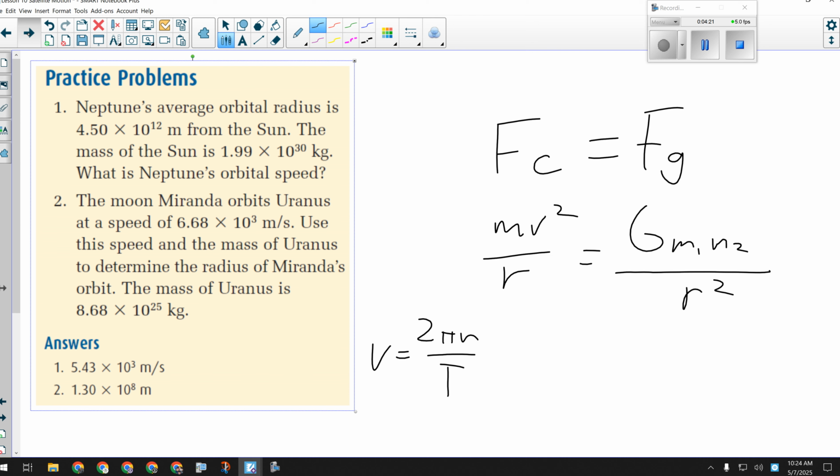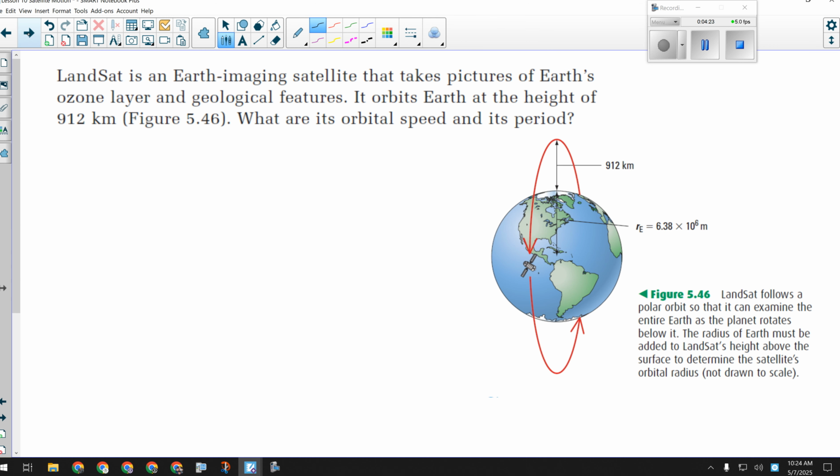Okay, let's see if you can do this one. All right, we are looking for the period, so how long it takes for Landsat to orbit the Earth 1 time. They give you some information there, it says it orbits the Earth at a height of 912 kilometers.